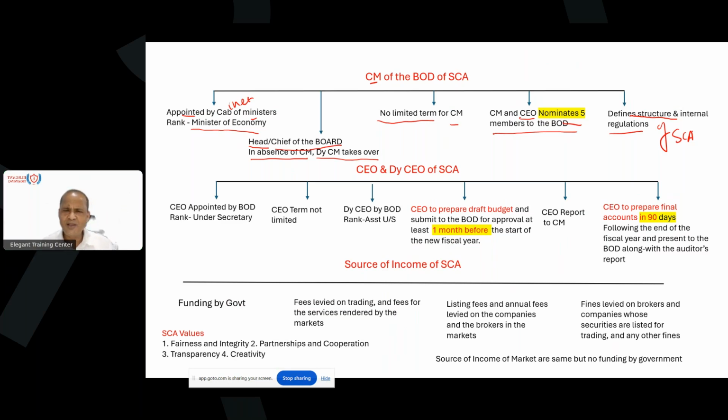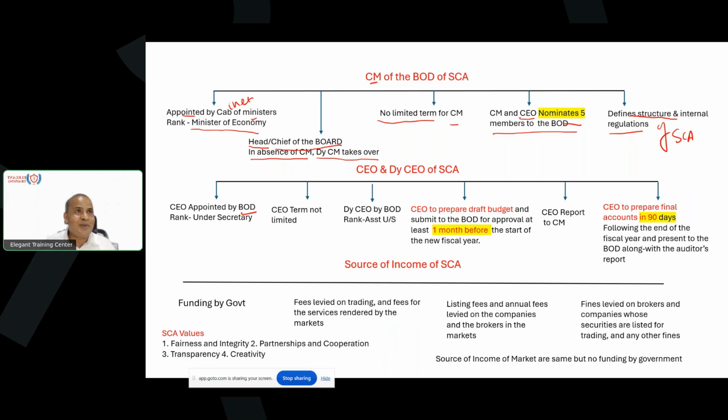Very good. Then coming CEO and deputy CEO of SCA. CEO appointed by whom? By board of directors. So cabinet forms the board, right? Board is formed with cabinet resolution.